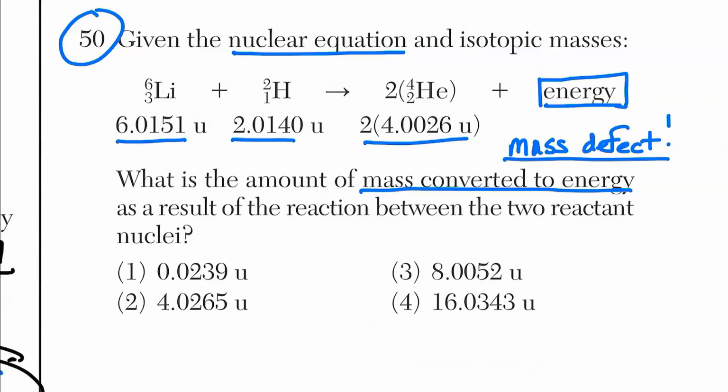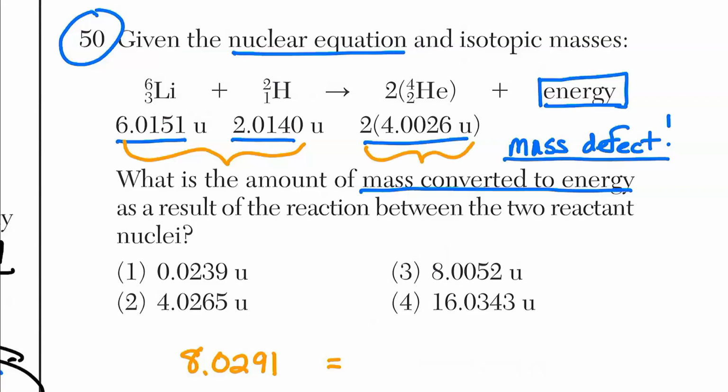So what I'm going to do here is add up the reactants' atomic masses or isotopic masses. So I take 6.0151 and then add that to 2.0140, add that together, and I get 8.0291, and it should equal, if there was no missing mass, the mass of my products.